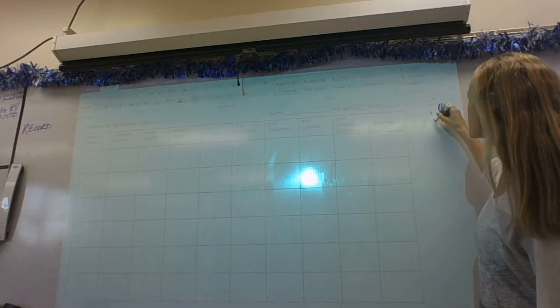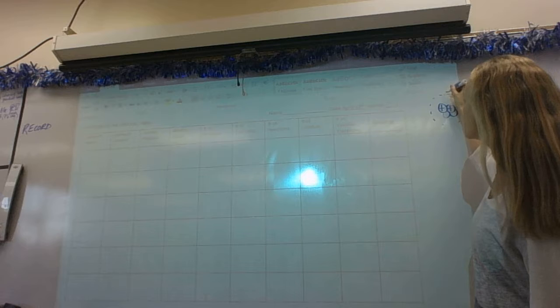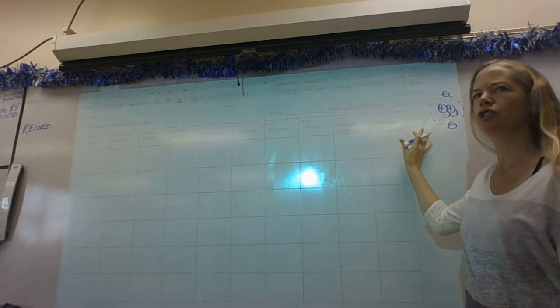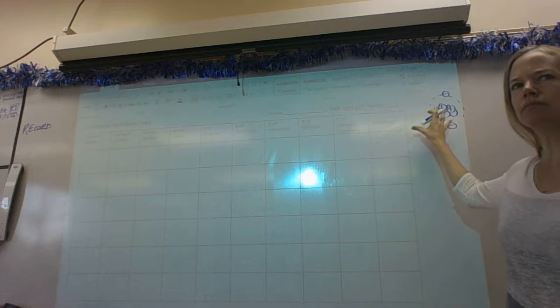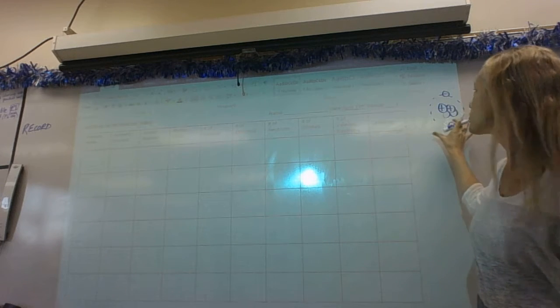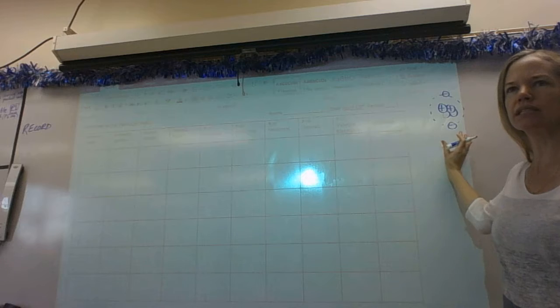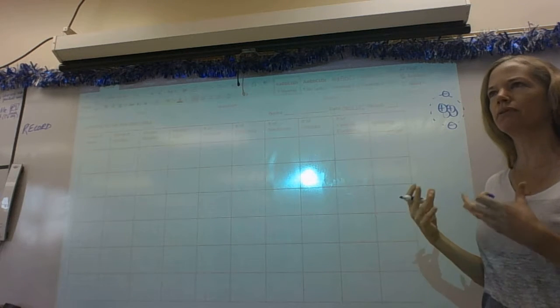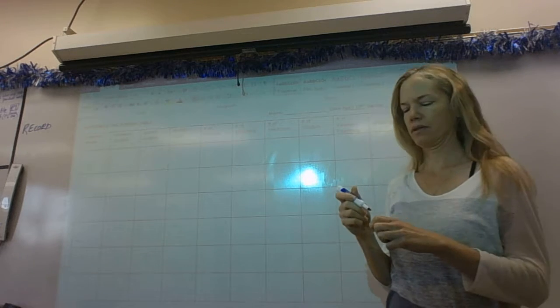Are electrons found in the nucleus? Where are they found? Around. Okay, so that's atomic structure. This is a model of the atom. Obviously, atoms don't look like that, but this is a representation of what an atom could possibly show.